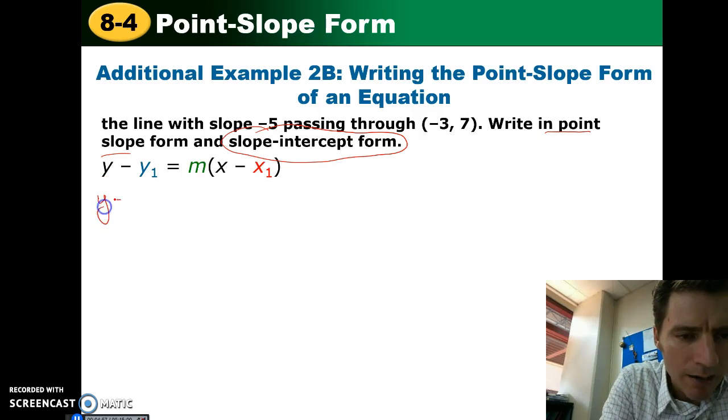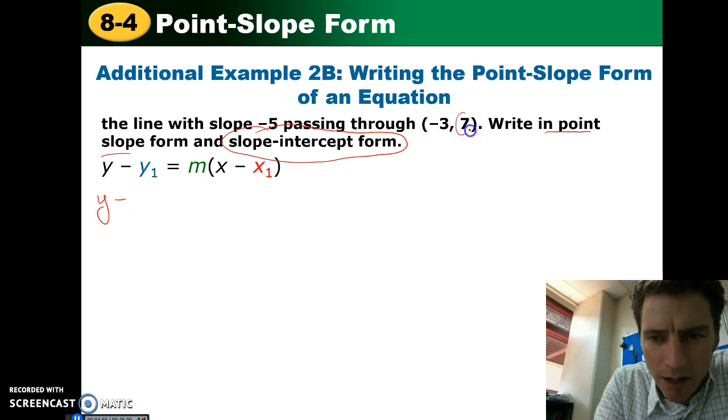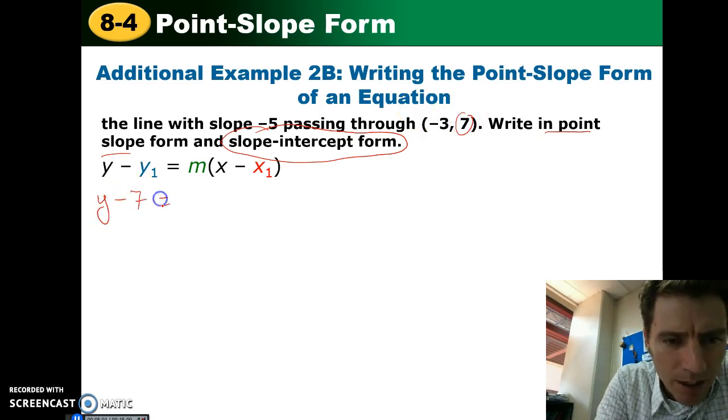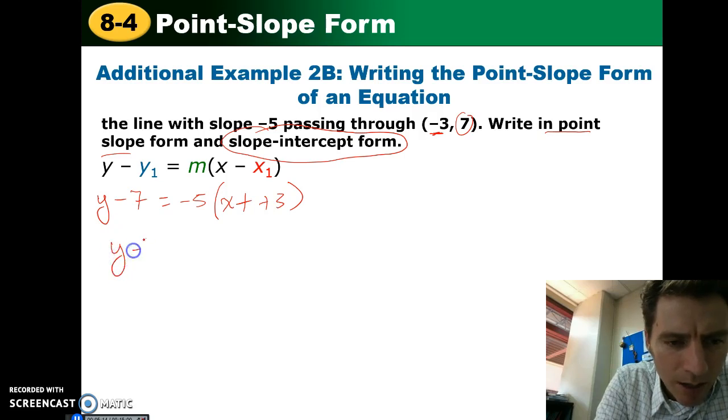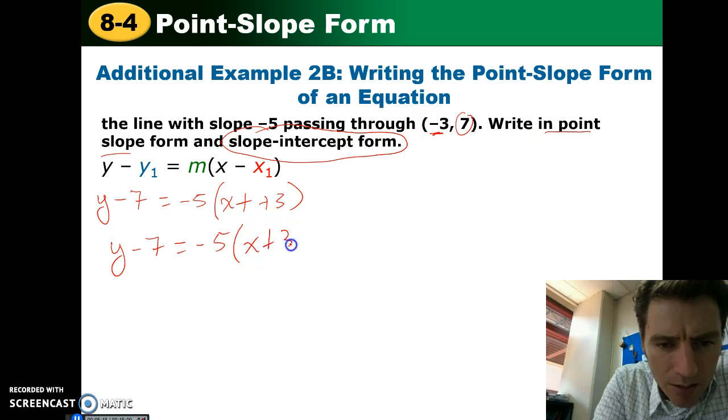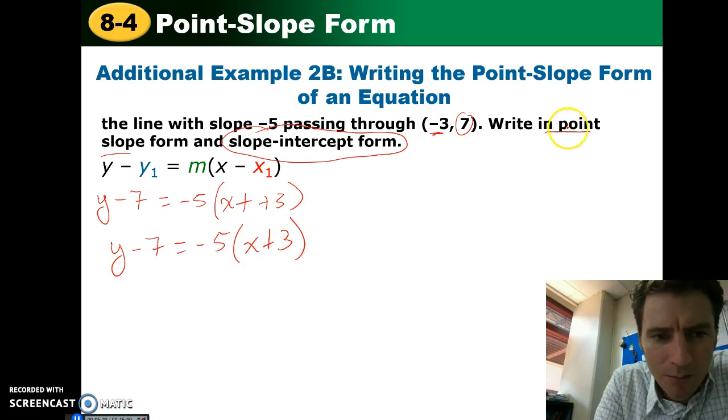I have y minus, here's my y1, 7, equals, my slope is -5, times x minus, my x1 is -3, so that becomes a +3. So I have y minus 7 equals -5 times (x plus 3). Okay, that is the point-slope form.